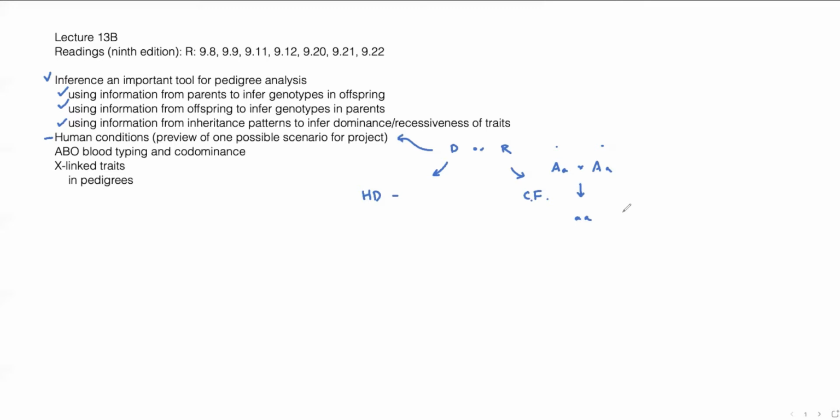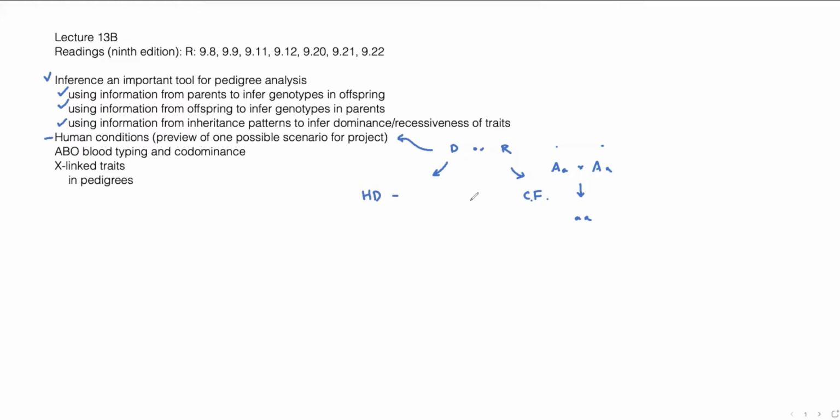Okay, so this is the dynamics of these diseases. That's one of the things that I'll be asking you to cover in your project. Okay? And we'll be talking about the project in greater detail in the D lecture from this module.